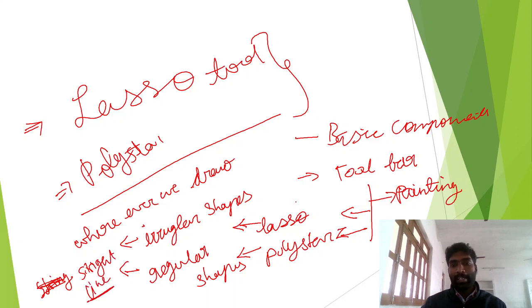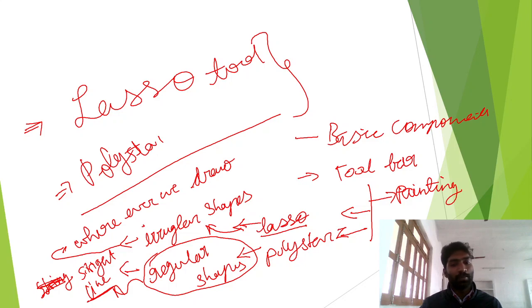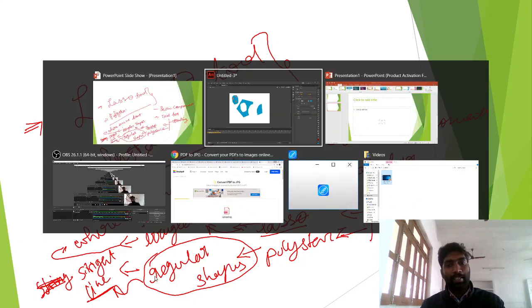Again I am saying, the lasso tool is to select irregular shapes. Wherever we draw, that particular area will be selected. But the polygon tool is used to select regular shapes, in a straight line. Example, kindly see here.